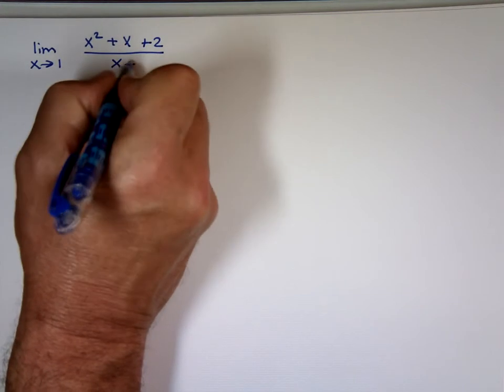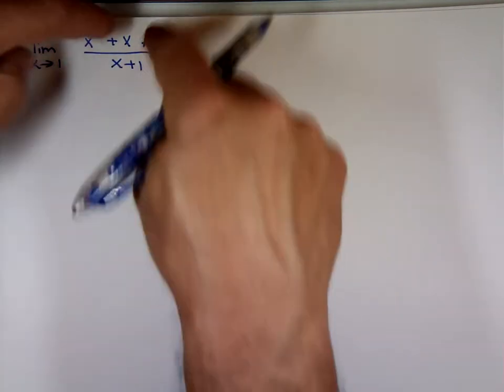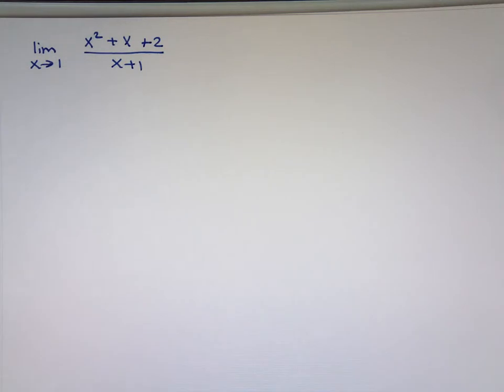I can break it down to the limit of the top divided by the limit of the bottom. I'm not going to do that. It will work fine. I can just try direct substitution. Direct substitution, here we go.